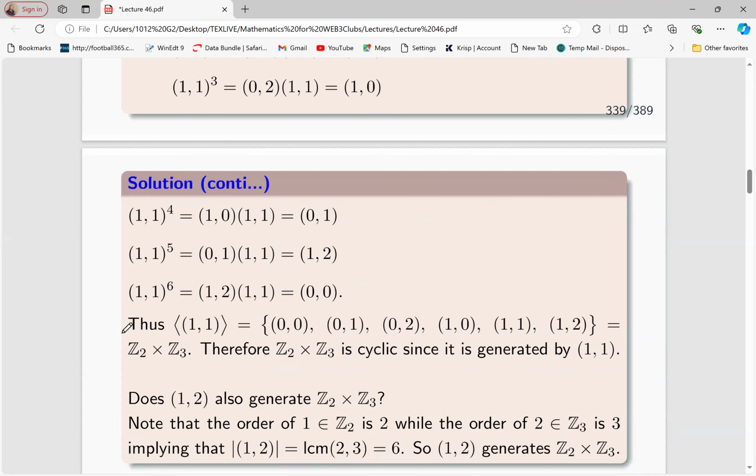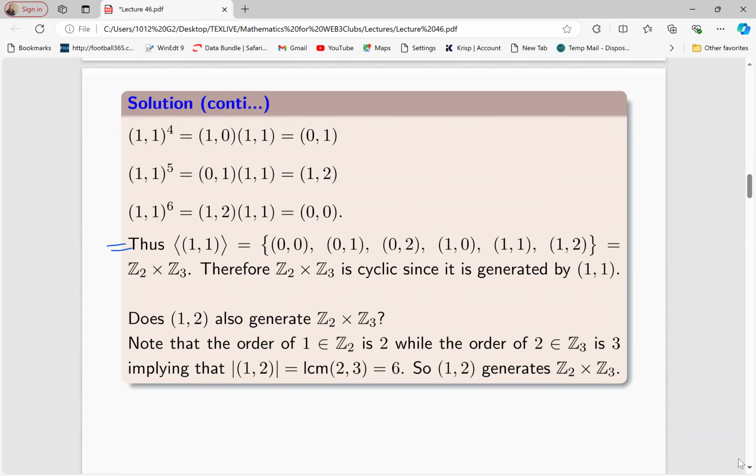Of course, I've said that 1, 1 is a generator here. So that is how we write it. The question is, does 1, 2 generate? So you try 1, 2 to see whether it generates. And when you do that, you find that it also generates.